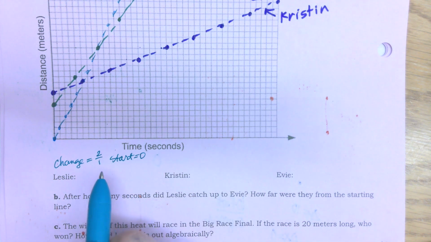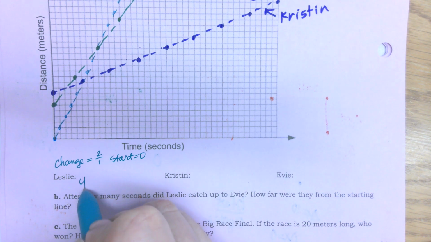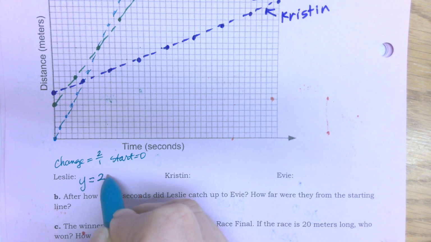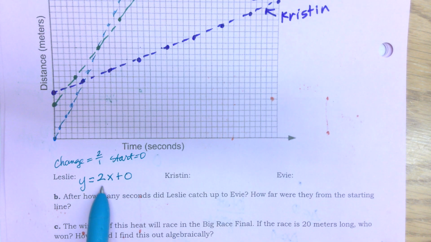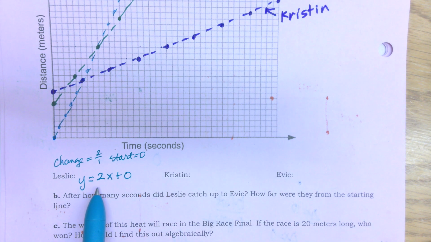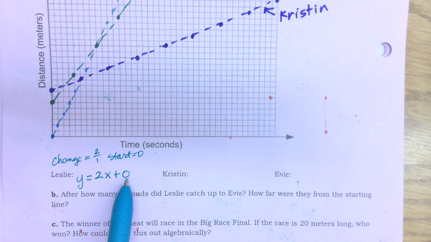So Leslie's equation is y equals 2x plus 0. Why didn't I put 2 over 1? I don't really need to. Do I really even need the 0 at the end? No.